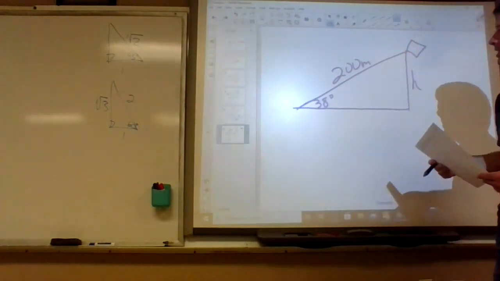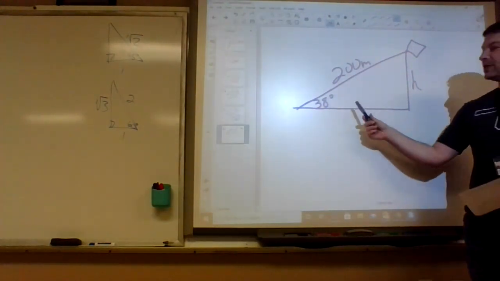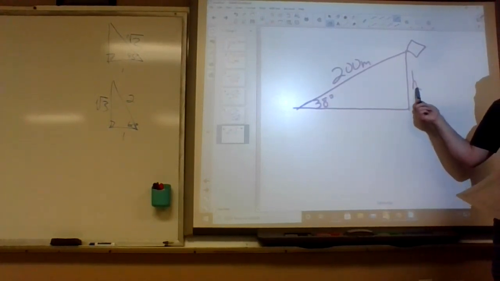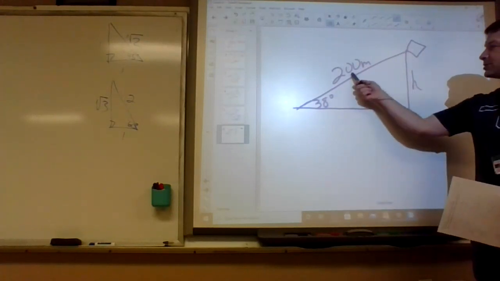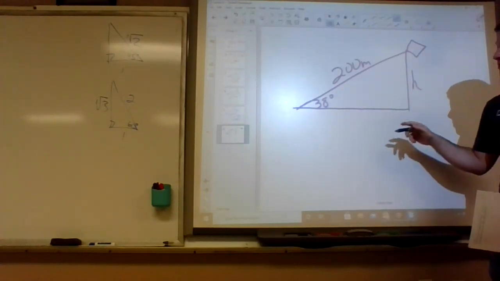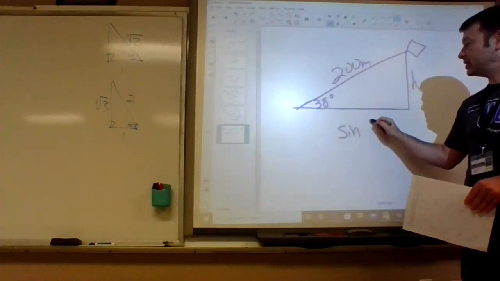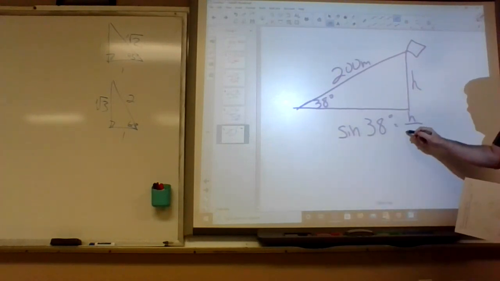Oh, not a tangent. We got some not tangent here. So relative to 38 degrees, what two sides are we working with here? Hypotenuse and opposite, which is sine. So sine of 38 degrees equals opposite over hypotenuse.